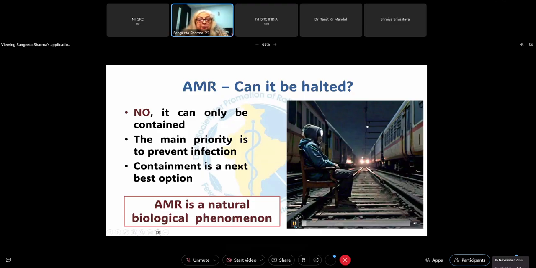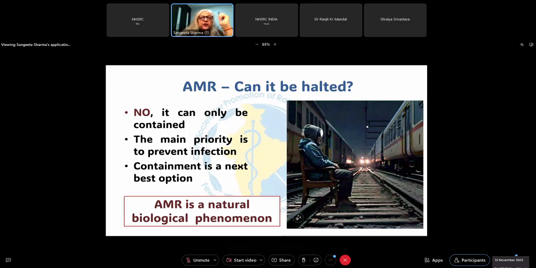So it is very important that we give priority to preventing infection, because the more infections there are, the more opportunities or temptations there are to prescribe antibiotics.